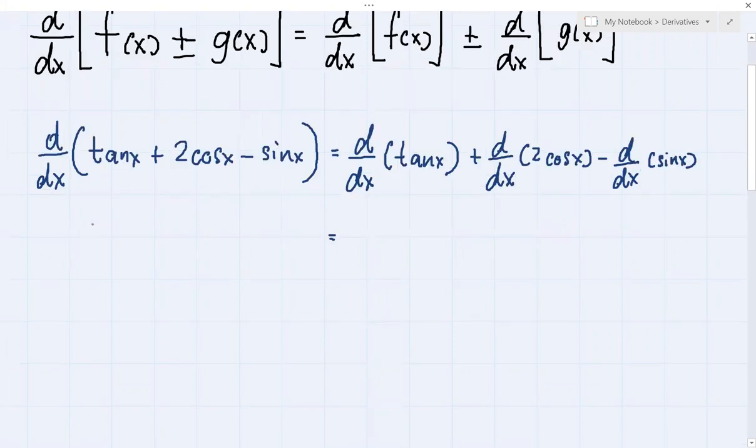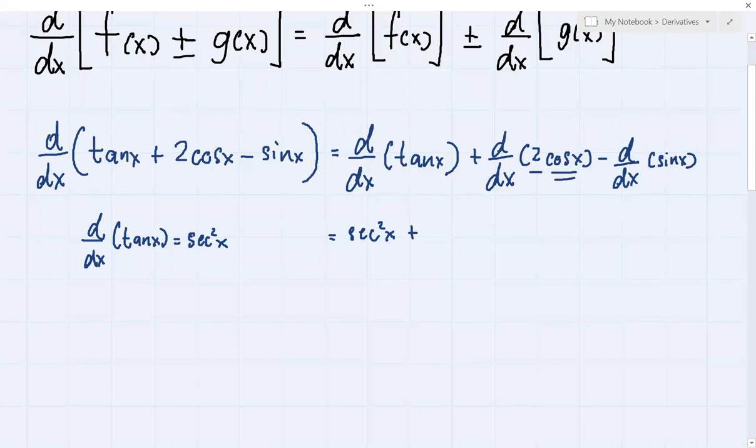Okay, so if you would recall in the last video, the derivative of tangent x is equal to secant squared x. So therefore, we will have secant squared x. Okay, plus, here we have the derivative of 2 cosine x.